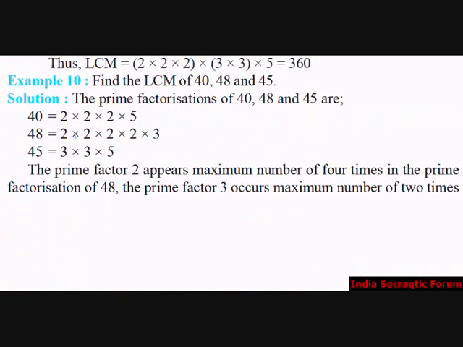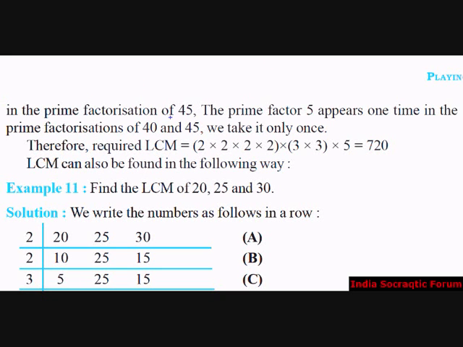The prime factor 2 appears a maximum of 4 times in 48, the prime factor 3 occurs a maximum of 2 times, and in case of 45 the prime factor 5 appears 1 time, so we take only 1.